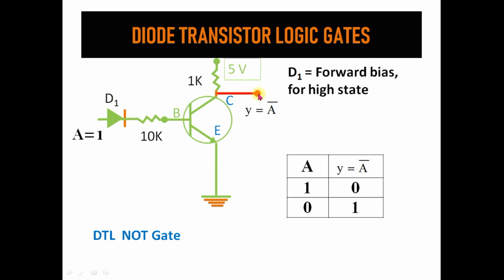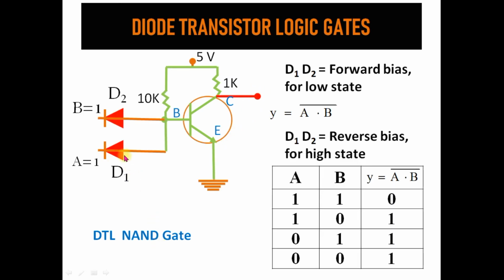In the AND condition, if B is equal to 1, that means we are applying the voltage in the negative direction of the diode, then it will be in the reverse bias.